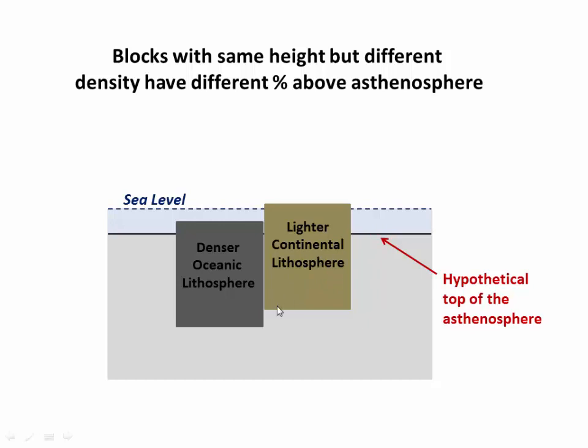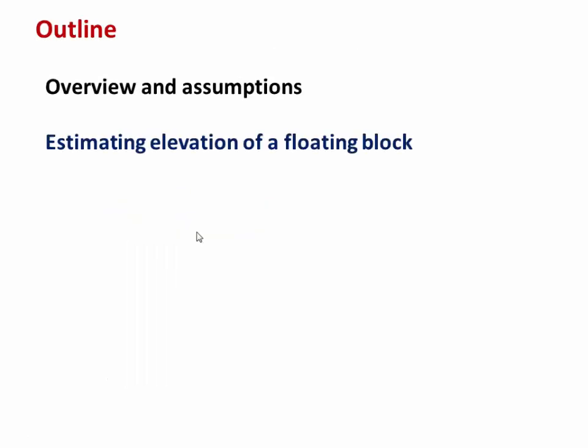They're the exact same thickness, but this oceanic lithosphere is denser on average, so it floats a little bit lower, essentially has a smaller percentage floating above the freeboard compared to the continental lithosphere, which has a higher percentage floating above freeboard. So the bottom line is that the height at which a block floats can be controlled by both its density and its thickness. Okay, so when we think about height above the freeboard, we have to think about density and thickness.